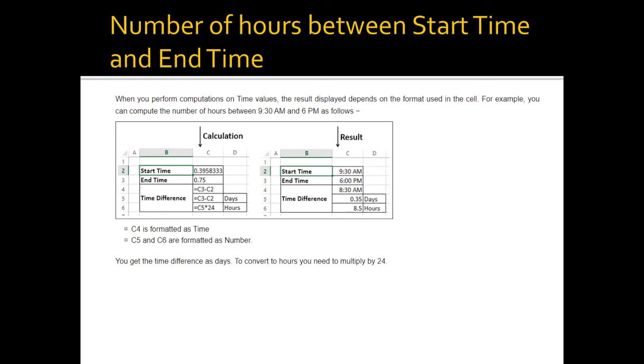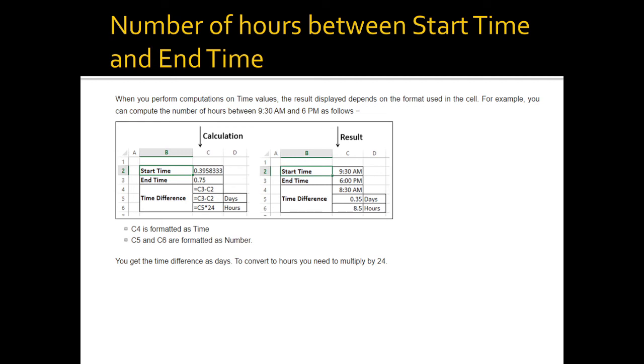Number of hours between start time and end time. When you perform computations on time values, the result displayed depends on the format used in a cell. For example, you can compute the number of hours between 9:30 a.m. and 6 p.m. as follows.